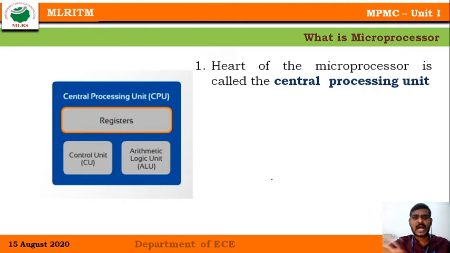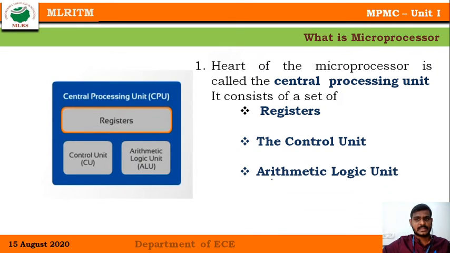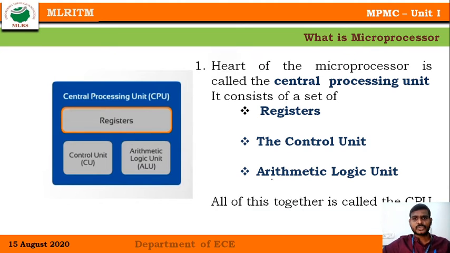The heart of a processor is the central processing unit, where this central processing unit consists of registers, which are used to store temporary data, a control unit, and an arithmetic logic unit, which is used to perform arithmetic and logical operations. All these together are called the CPU, the central processing unit.